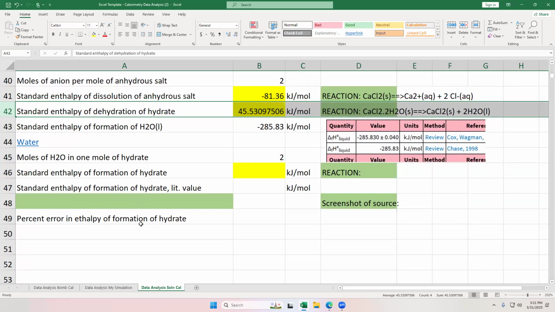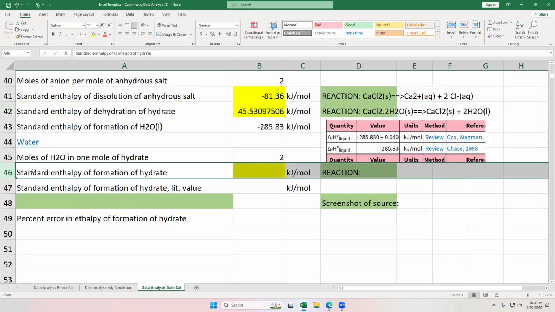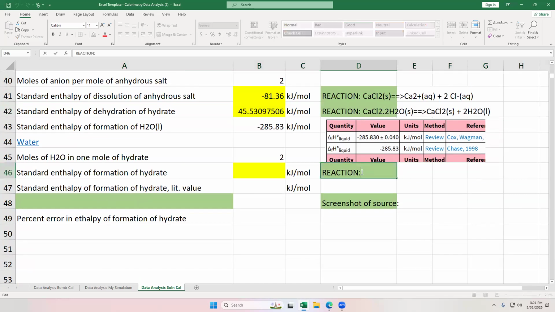All right, what else can we calculate? We can calculate the delta H of formation of the hydrate. What would be this reaction? This would be elements in their standard state giving you the hydrate, 1 mole of hydrate.